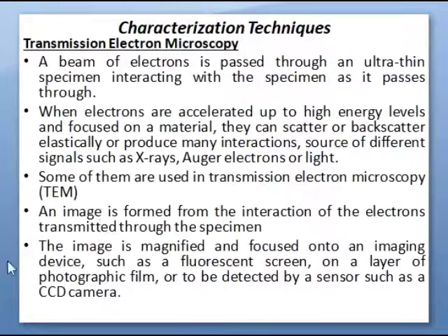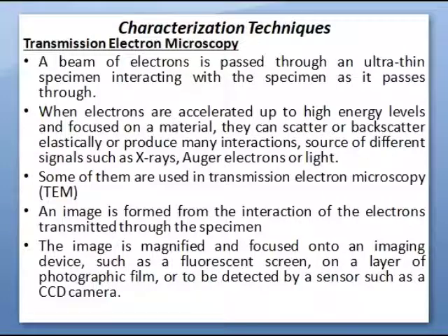So basically, it is a beam of electrons which is passed through an ultra thin specimen, interacting with the specimen as it passes through. When electrons are accelerated up to high energy levels and focused on a material, they can scatter or backscatter elastically or produce interaction sources of different signals, such as X-rays, Auger electrons, or light.